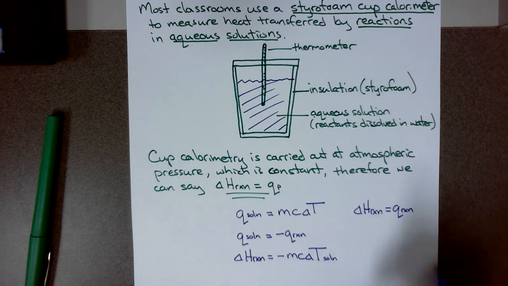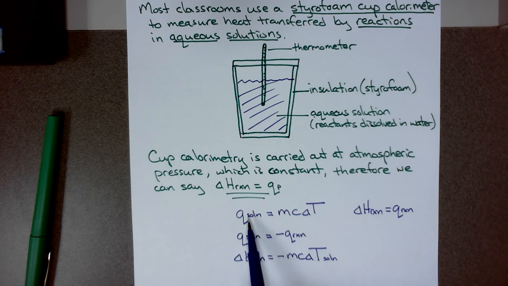So to make sure we understand this, we are really measuring the energy that's being absorbed by the solution, or given off by the solution. But we also know that the energy absorbed by the solution is also equal to the energy released by the reaction, which is the system.